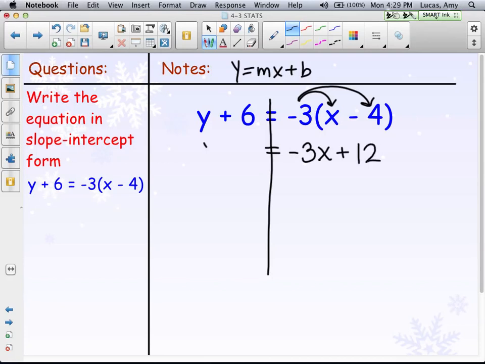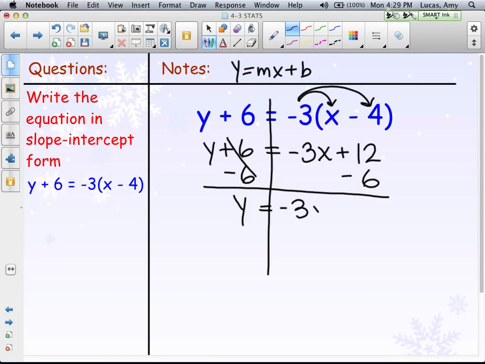Make sure that you be careful with your signs. Now, on the left-hand side, to get the y all by itself, my second step is to subtract that 6. So y equals -3x, and this would be +6, because positive 12 minus 6 is 6. So there's my answer in slope-intercept form.